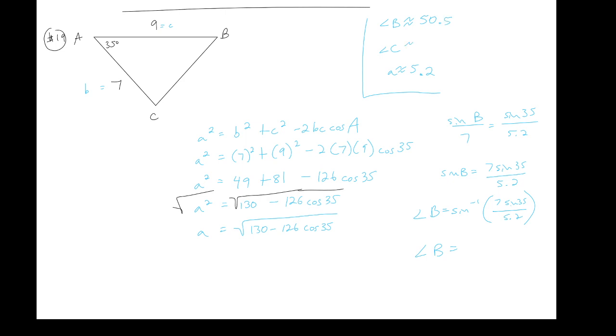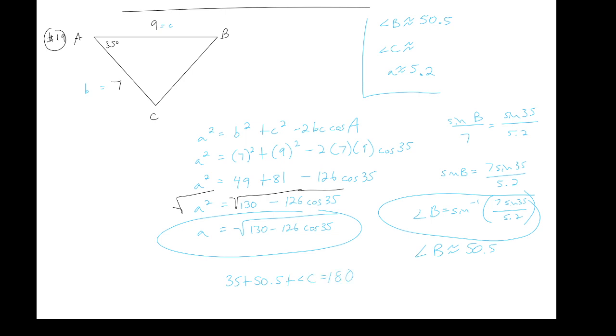Now, angle C, I don't have to do a law of sines and cosines. Guys, that one's going to be a little bit more straightforward, okay? So 35 plus 50.5 plus angle C is going to be equal to 180.